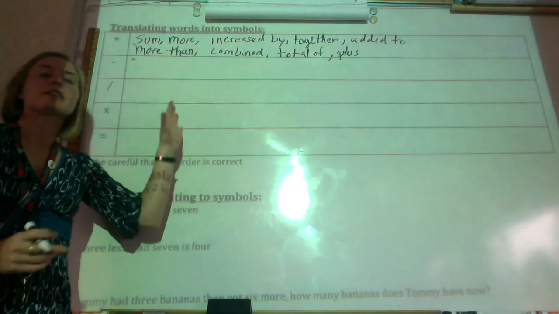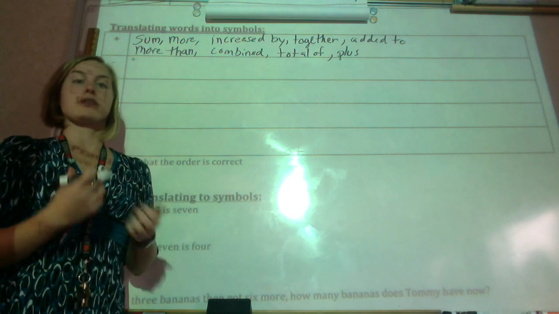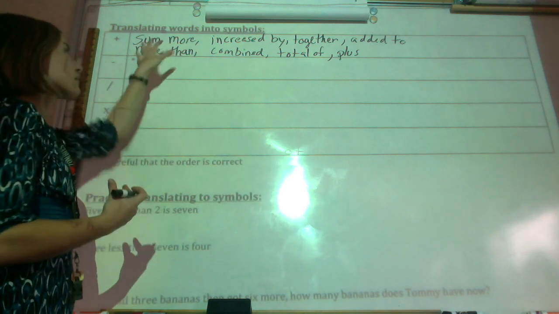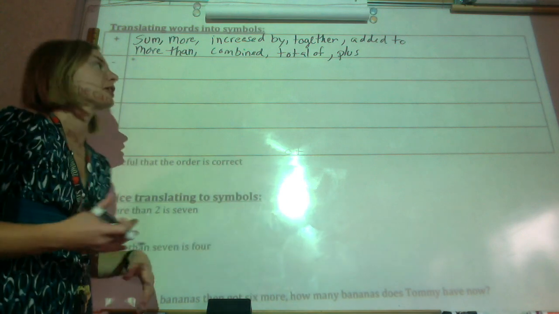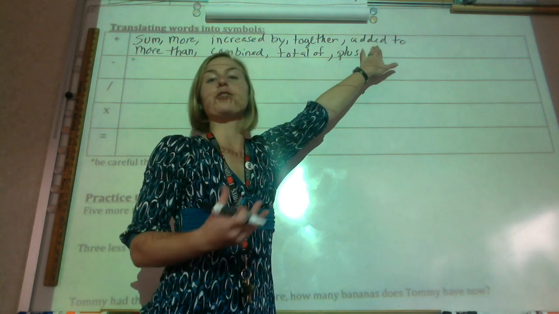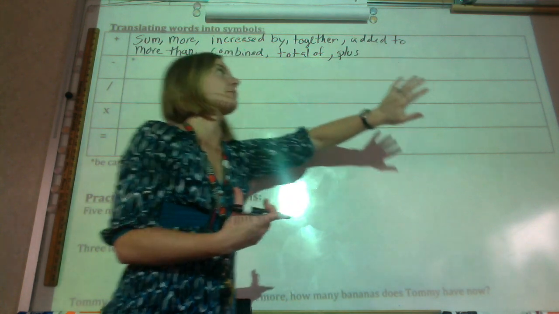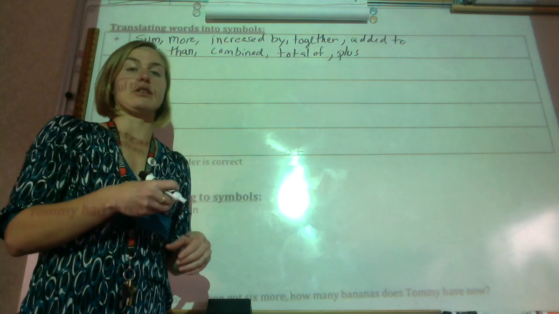If you see it saying sum, we want the sum of 5 and 7, you're going to be adding together 5 and 7. Or maybe added to, 3 is added to 5. You're going to be adding those together. These are the types of things that you'll see popping up that we're going to translate into addition.